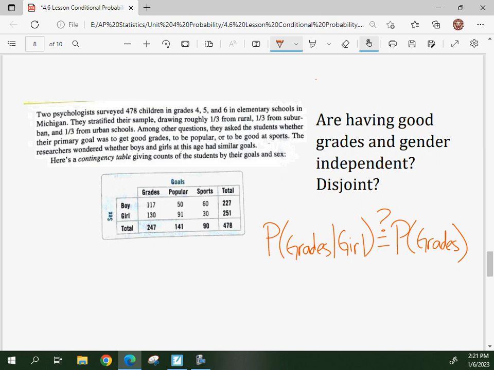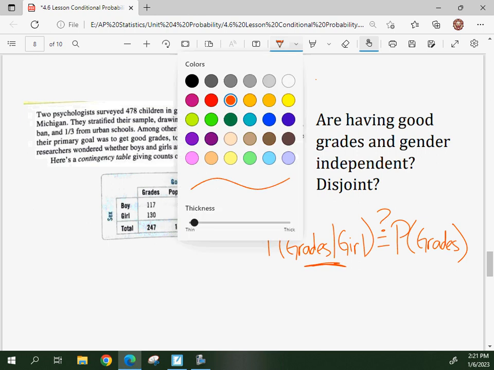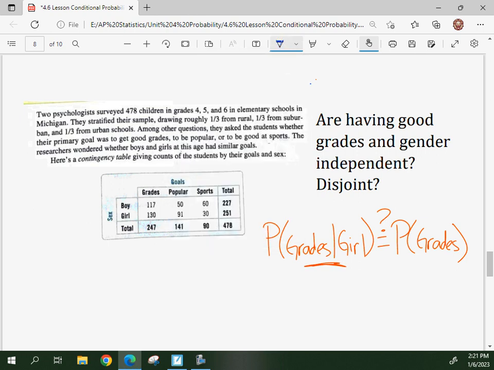And so we can find this probability by taking the probability of grades being the most important and being a girl, that's 130 divided by 478. And we'll divide that by the probability of being a girl, which we found earlier, but we can find again, 251 over 478.